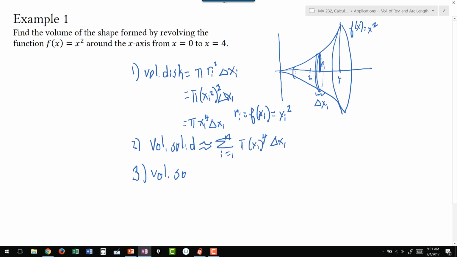Now, following our usual method, if we get an approximation to our volume by adding up n disks, and we would get a better approximation by taking more disks, then we get an exact value by taking a limit as n goes to infinity, where n represents the number of disks, and we're adding up the contributions of each.